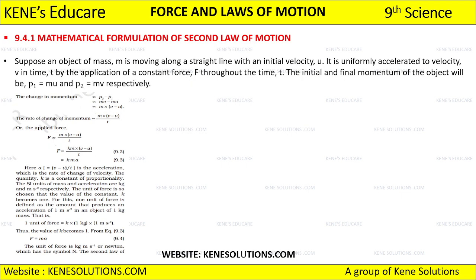In the next class, we will be discussing the mathematical formulation of the second law, that is p equals mv, mass into velocity. We'll be deriving that formula in the next class, where I will teach you how exactly we get the formula of momentum.